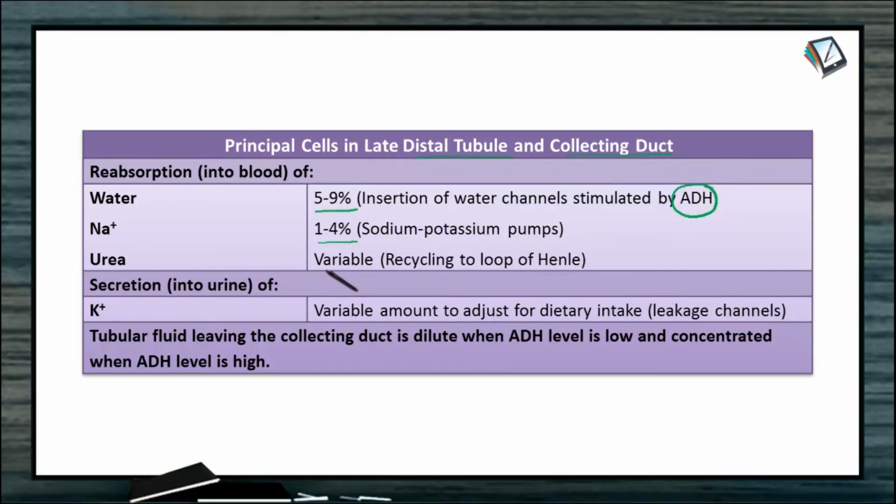Urea is reabsorbed in variable amounts. Secretion into urine: potassium ions are secreted in variable amounts to adjust for dietary intake through leakage channels. Tubular fluid leaving the collecting duct is dilute when ADH is low and concentrated when ADH level is high.